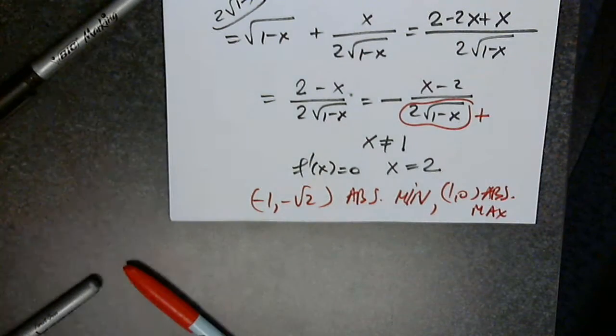We can find the second derivative if you want, but let me go to the graphing calculator. In y equals, clear, and I have x times the square root of (1 minus x).